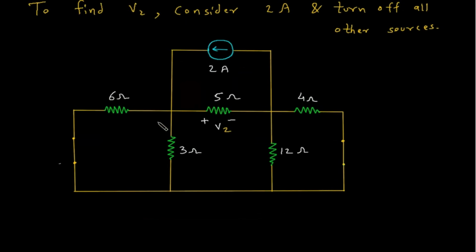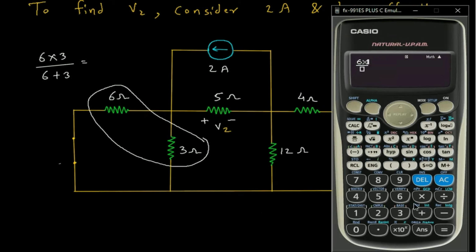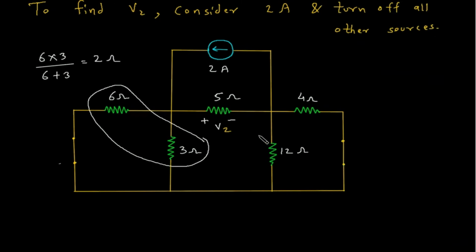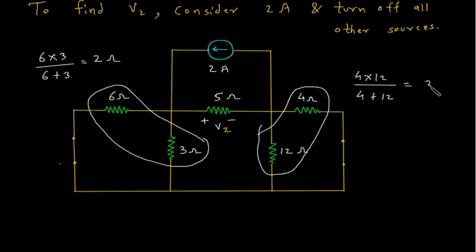As we can see, this 6 ohm is parallel with 3 ohm, so 6 into 3 by 6 plus 3 is equal to 2 ohm. Also this 4 ohm is parallel with 12 ohm, so 4 into 12 by 4 plus 12 is equal to 3 ohm.